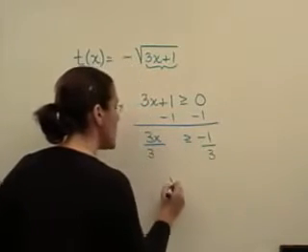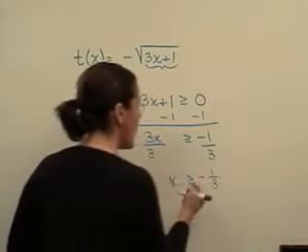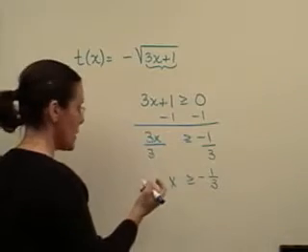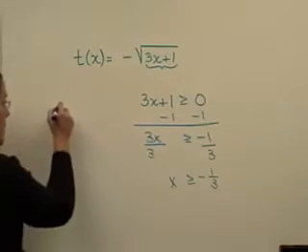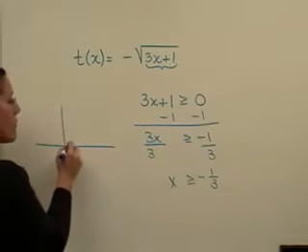No need to flip the inequality symbol. I'm not dividing by a negative number. And you would find out that x has got to be values that are greater than or equal to a negative 1/3.